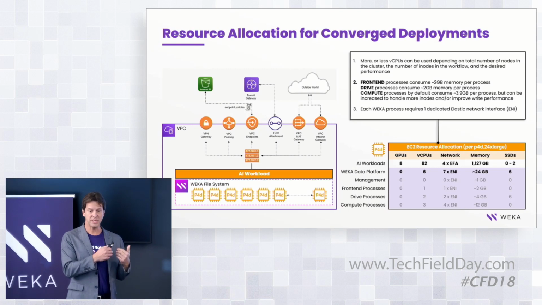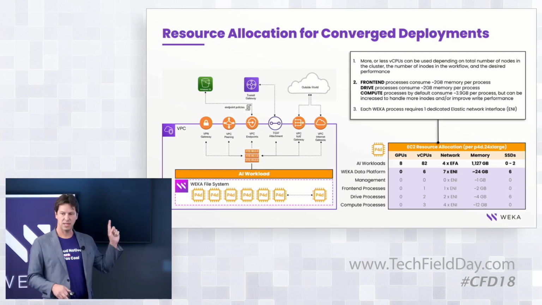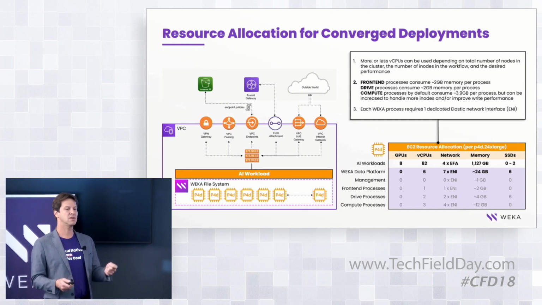What we see with our customers, on-prem or in the cloud, is that on those types of systems they are generally maximizing GPU utilization. Not always, and we actually help them do that. They don't need so much CPU or so much memory.